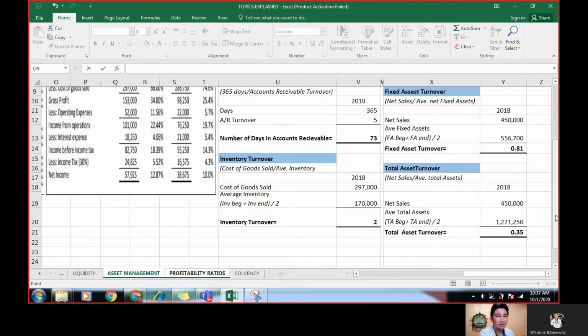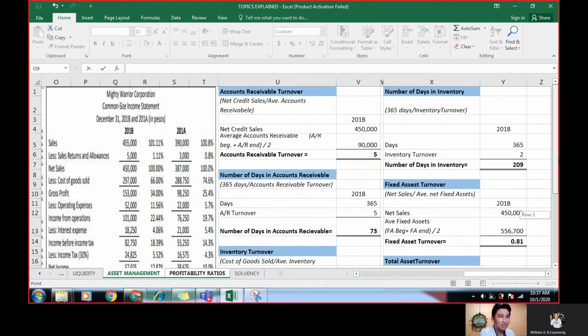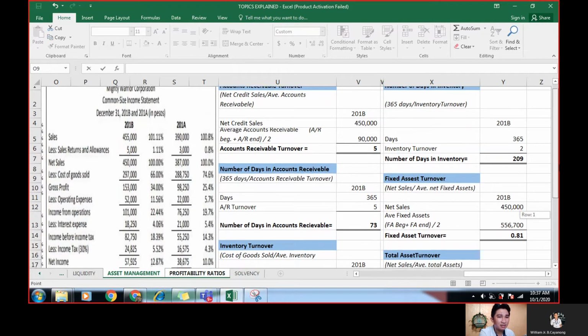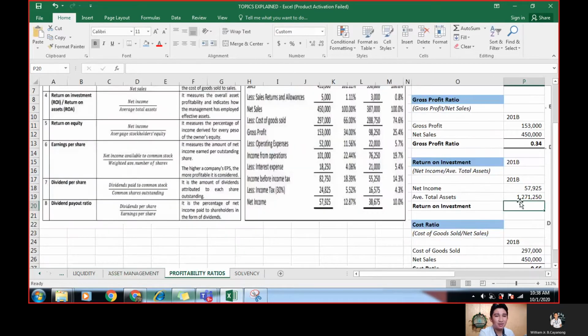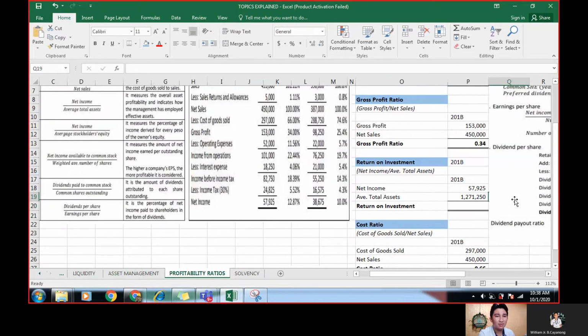So, hanapin natin yung average asset. Average total asset is this, diba? Okay. Ayan. So, our average total asset is 1,271,000.